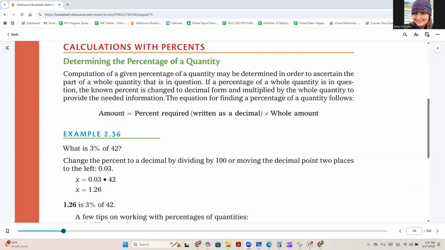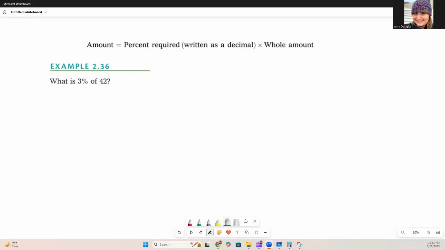So let's do example 2.36. What is 3% of 42? So we do have the formula up there. The amount is equal to the percent required written as a decimal times the whole amount.